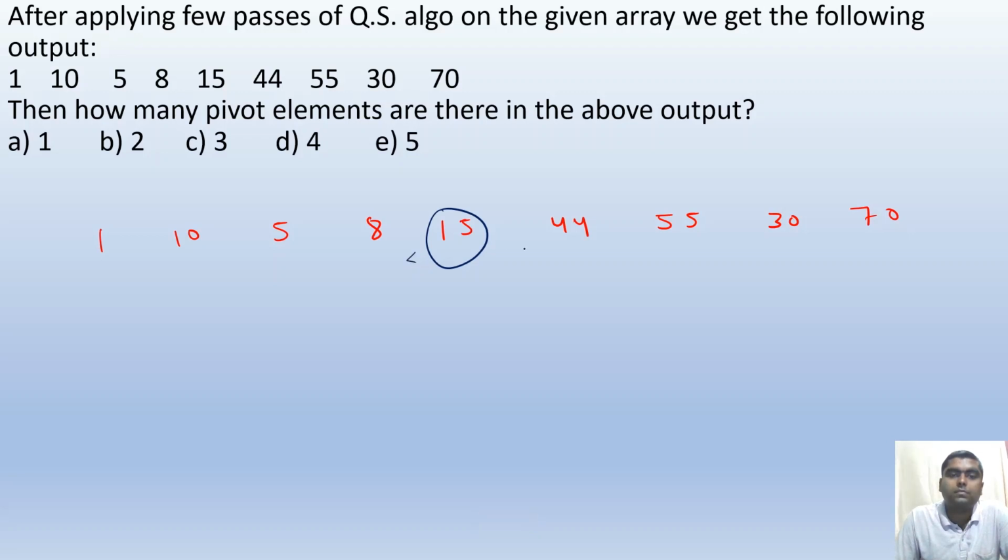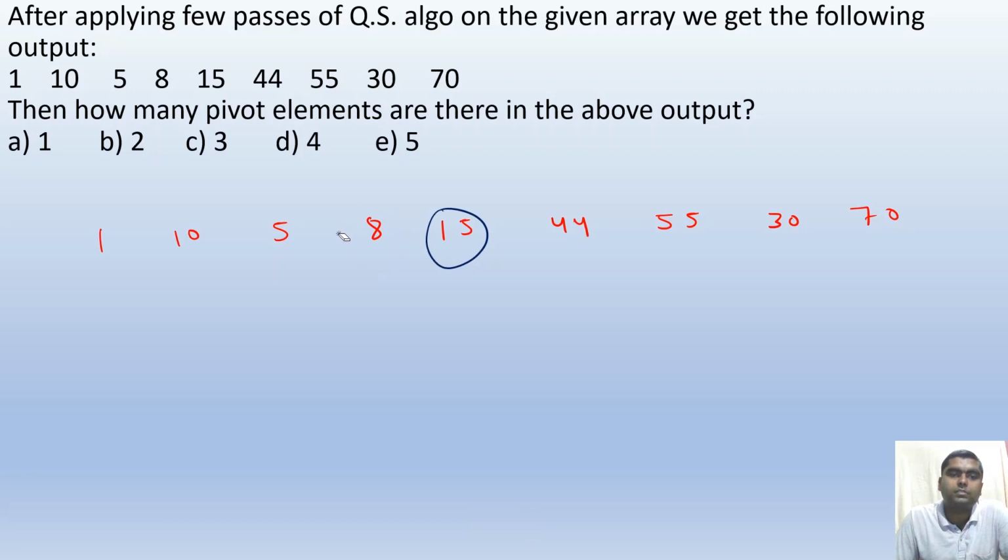So lesser from this side and greater from this side. Okay, so this is the case 15. And what about others? I think 8 is also there, because less than 8 is this, not 8.